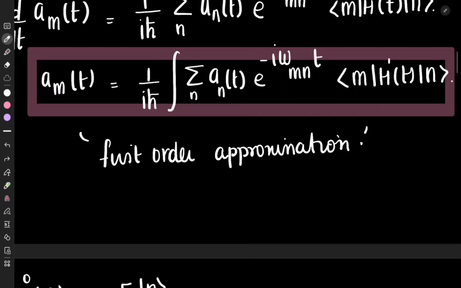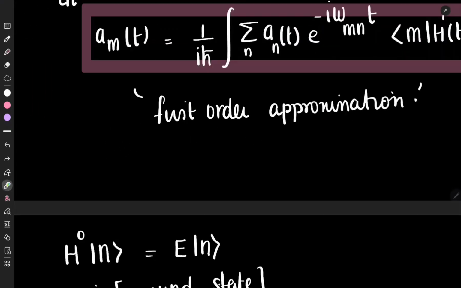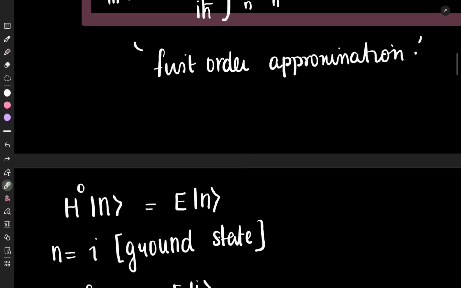To begin with, we take the case where there is no perturbation. H naught ket n is equal to E ket n, where I can write n to be equal to i, because, as I said, there's no perturbation. That means everything will be in the ground state. If there's a perturbation, only then there's a change in state, right? So here I can take n to be equal to i, that means ground state.